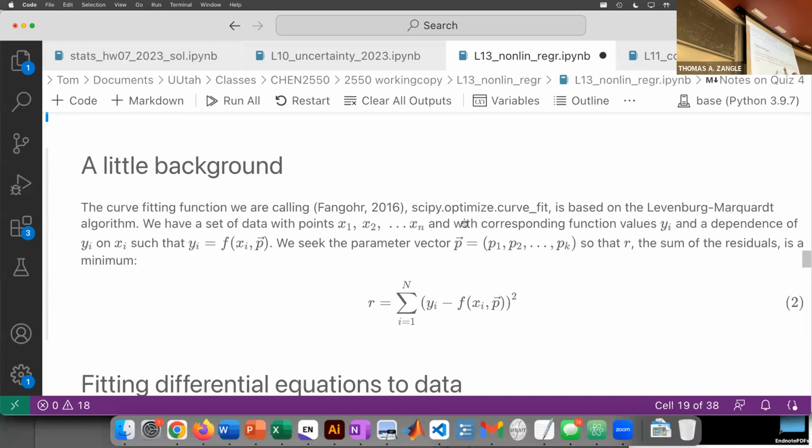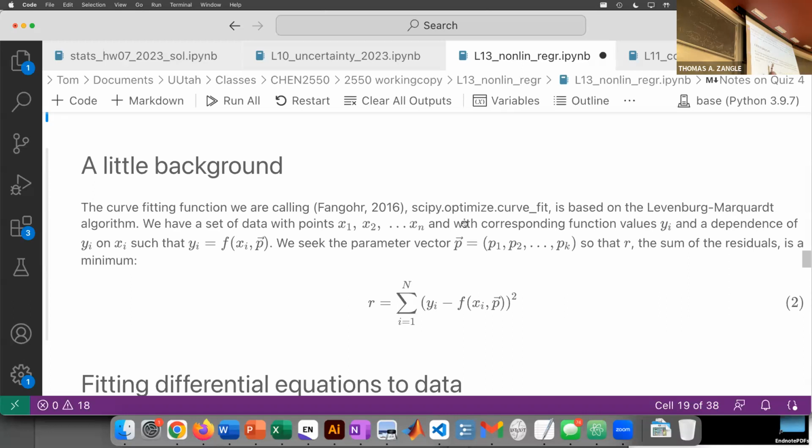So again, we're going to say that we have some set of data points, x1 through xn, with corresponding function values y1 through yn. And we suspect that there's some function relating x to y with some unknown set of parameter values.